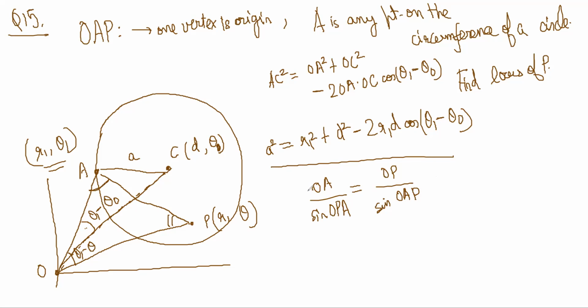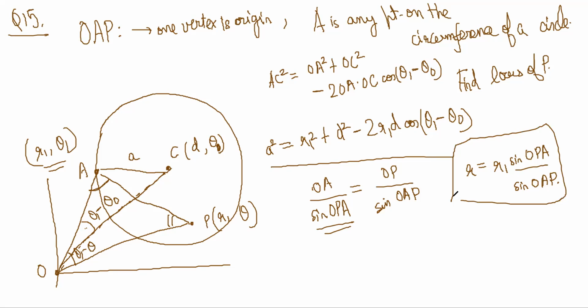OA distance is called r1, OP distance is called r. So r is equal to r1 sine OPA by sine OAP. We have this.